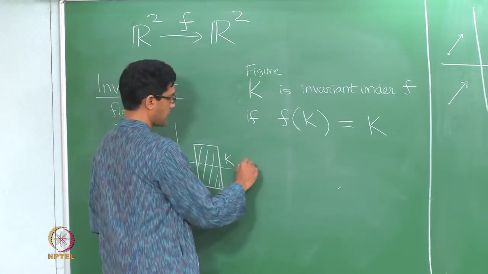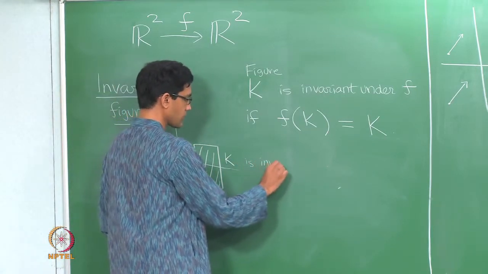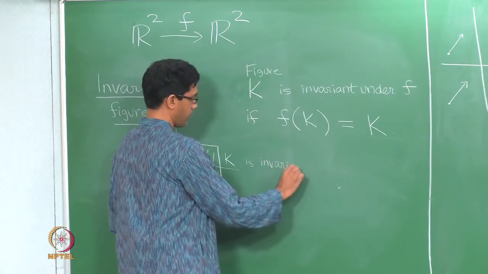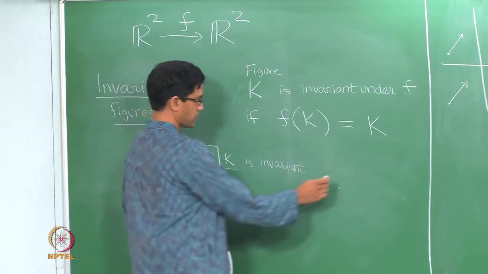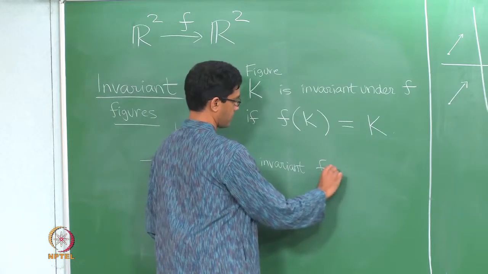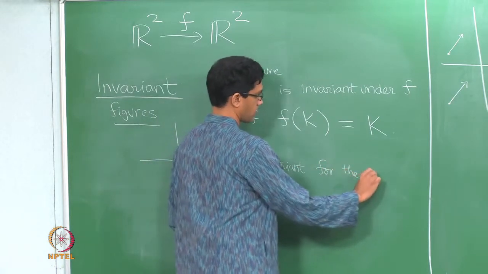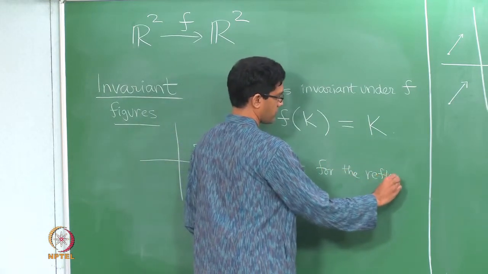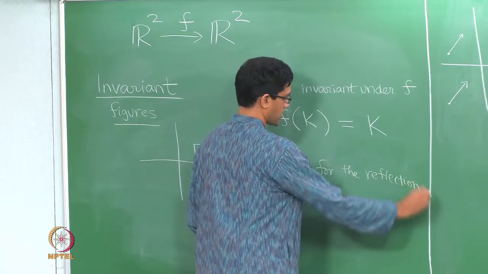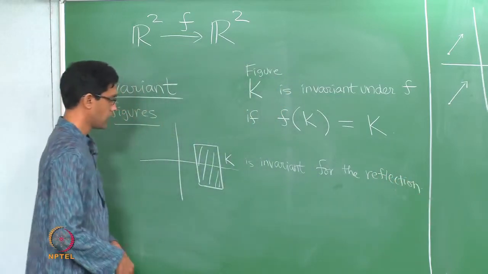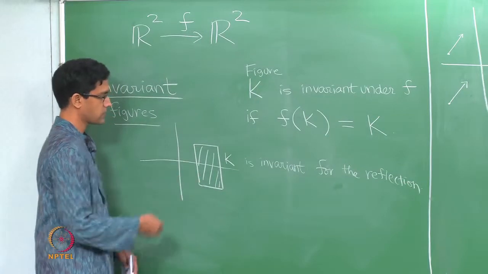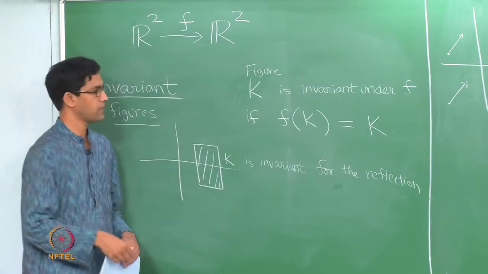So observe this k is invariant under the reflection about the x axis. Similarly, pretty much any figure that is symmetrical about the x axis will be invariant.